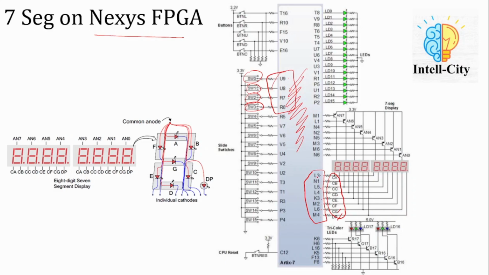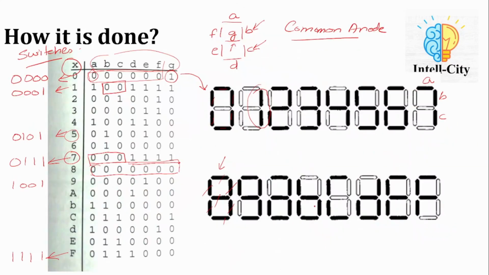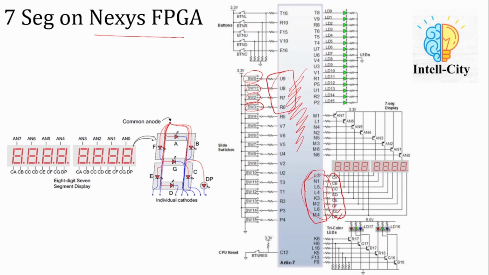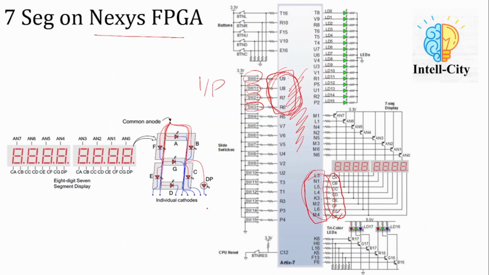This information will be required because we have to connect our module output to these pins, and similarly, these pins are working as input, so we will connect those pins of the switches to the input of our Verilog module. So this was about the data lines, A, B, C, D, E, F, G, and decimal point.